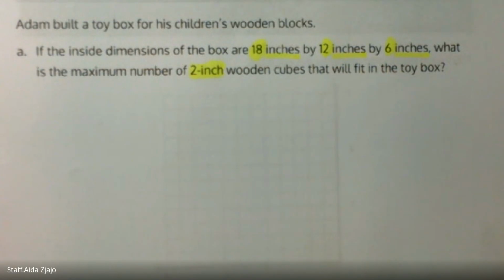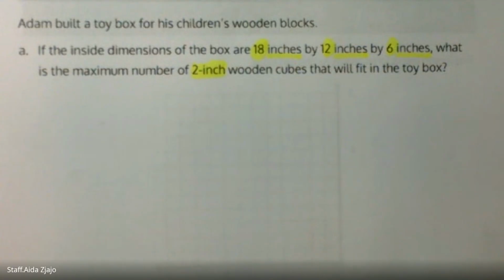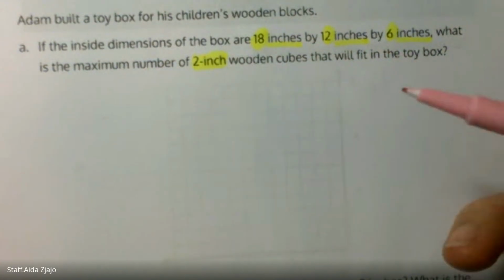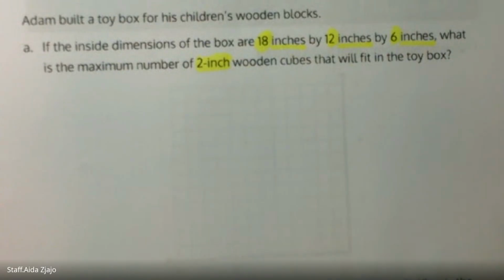But the problem is the cubes are not 1-inch cubes. The wooden cubes are 2 inches. There are several ways to solve this problem. We're going to start by drawing a picture of that box.